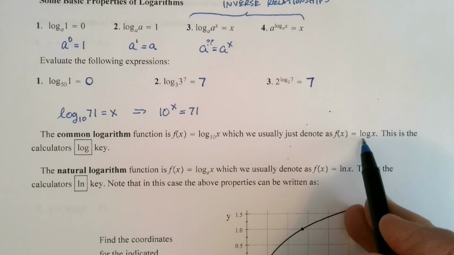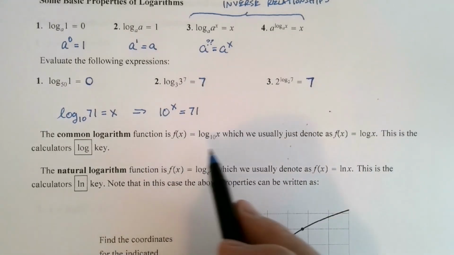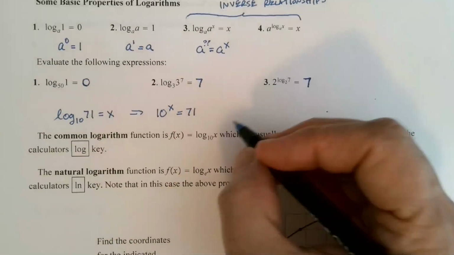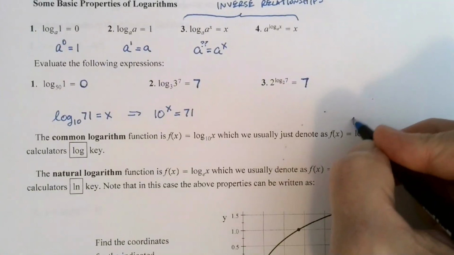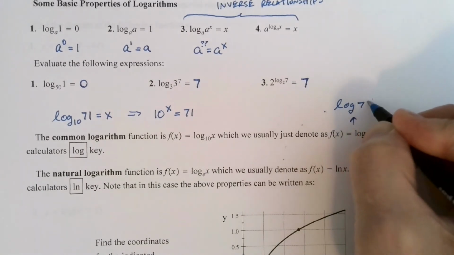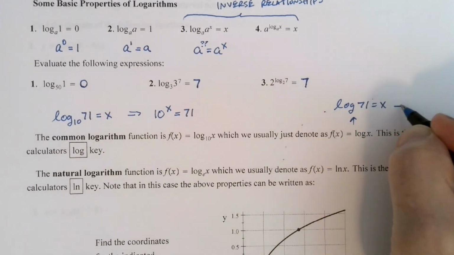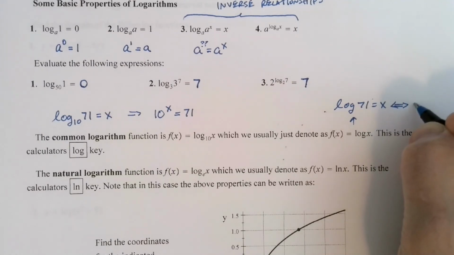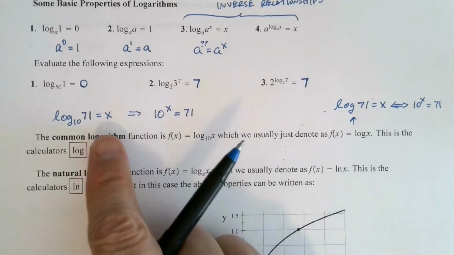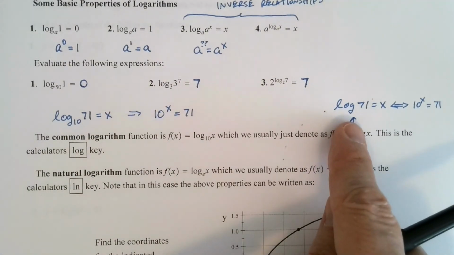And what does that mean? Well, this is what we call the common logarithm. If you see logarithm without a base, that means log base 10. So if I say log of 71 equals x, then what I mean is 10 to what power gives me 71. Same thing as here. Notice I don't have the subscript, but that means the same thing.